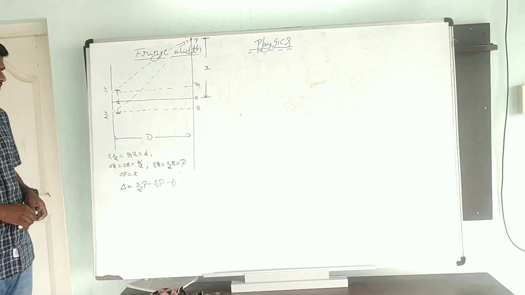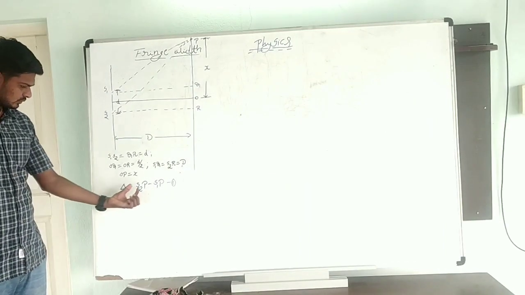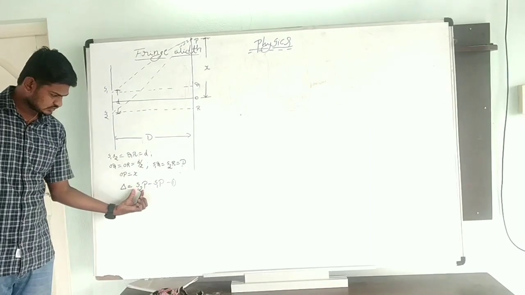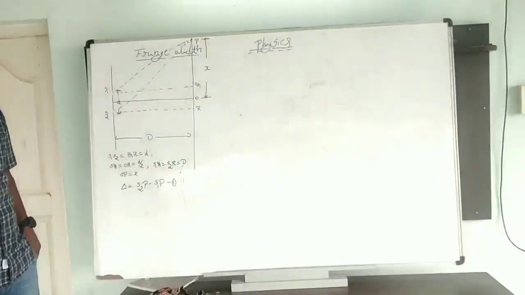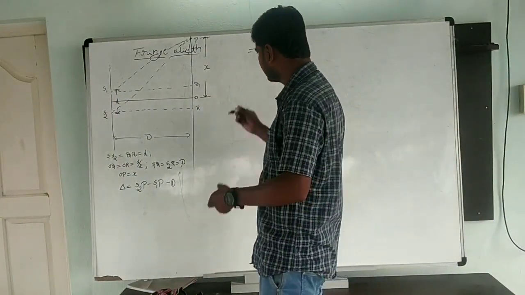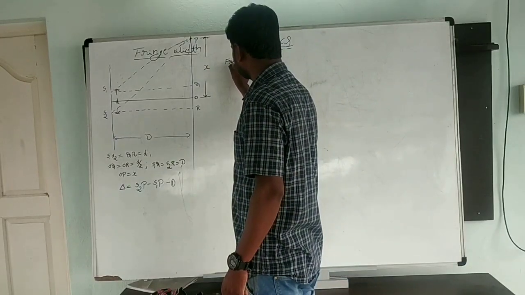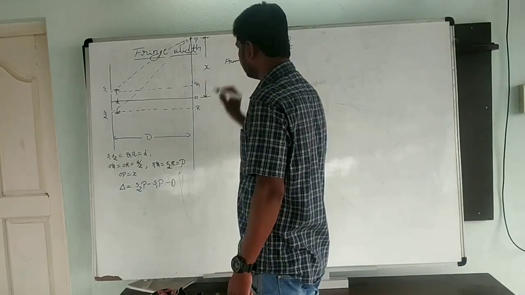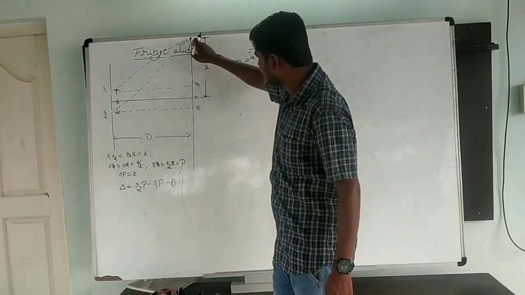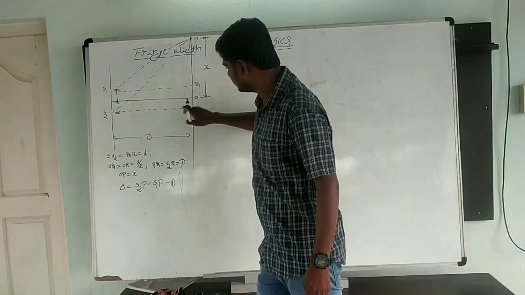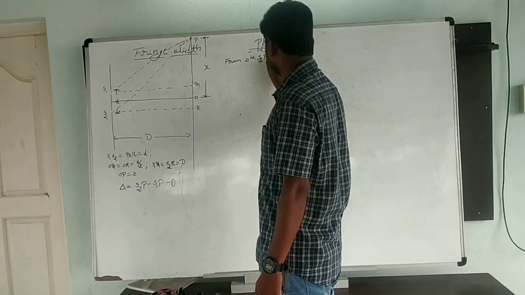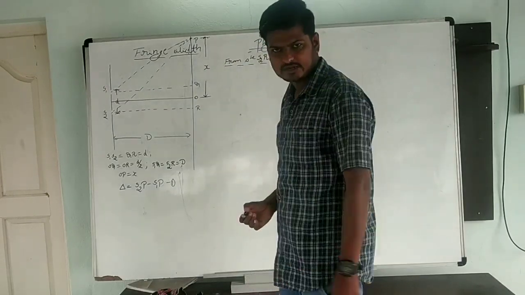Now I have to find out the value of S2P and the value of S1P. To find S2P, I am going to take the triangle S2RP.